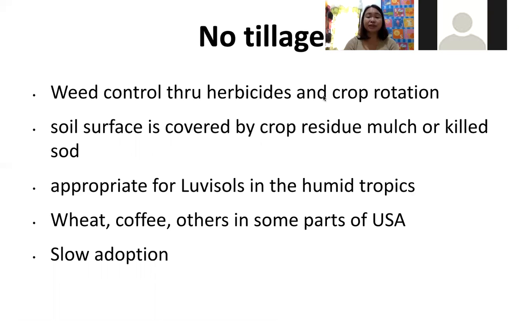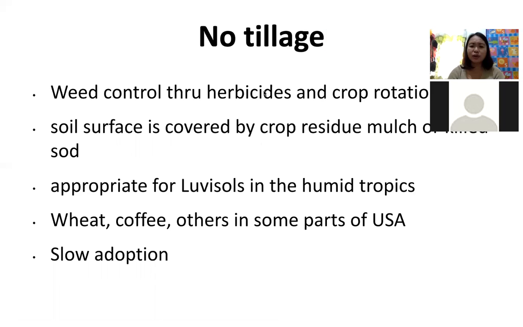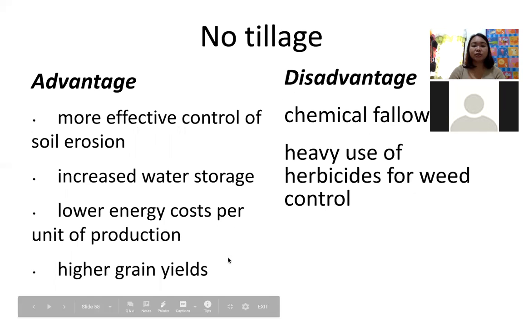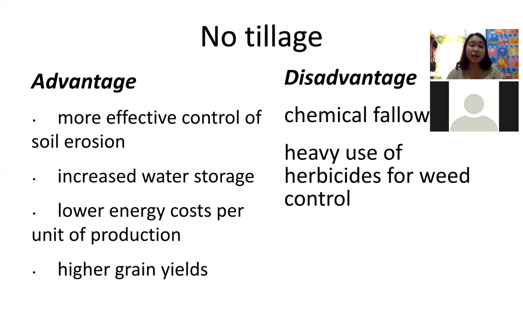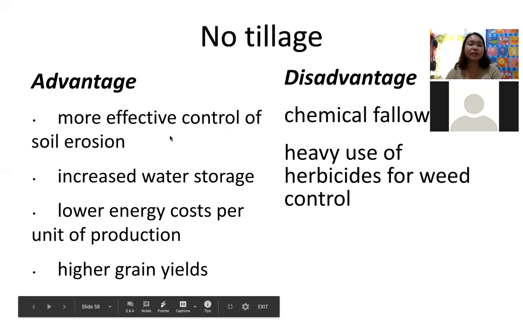However, the adoption, of course, is low because it's not so applicable for commercial production. And for no tillage, we have both advantages and disadvantages. One advantage is more effective control of soil erosion, and that's true.